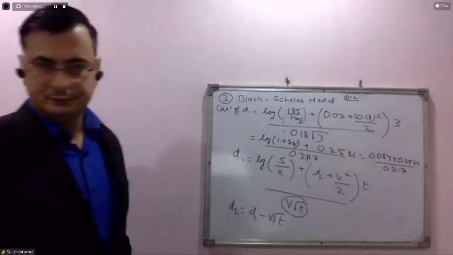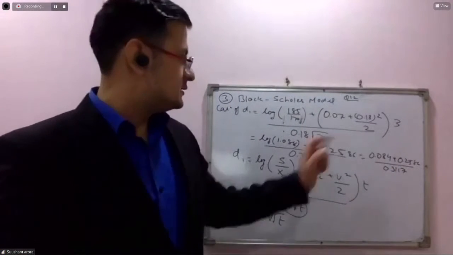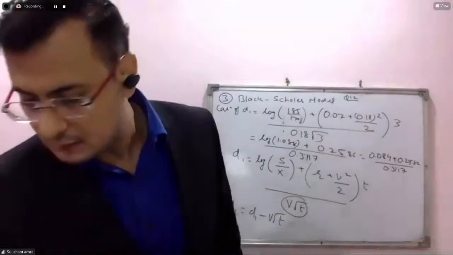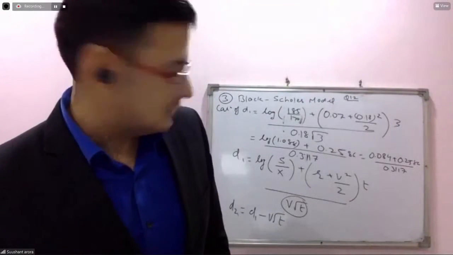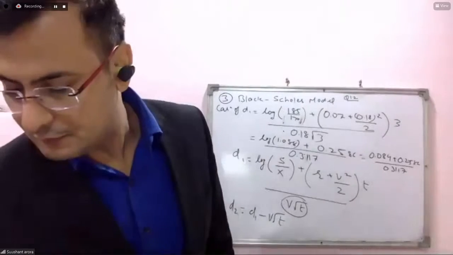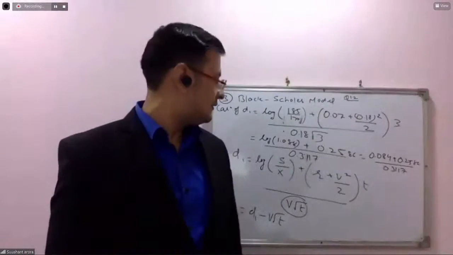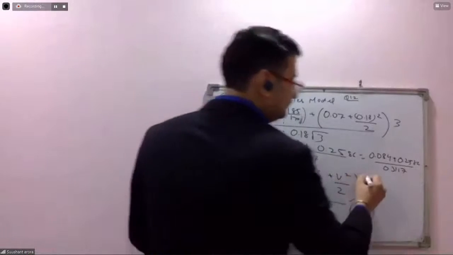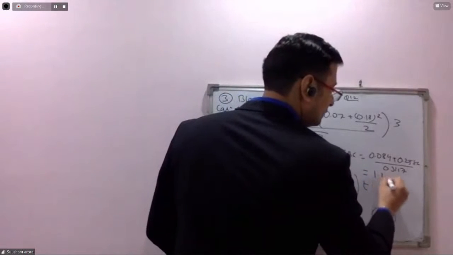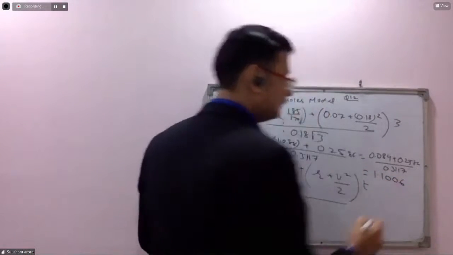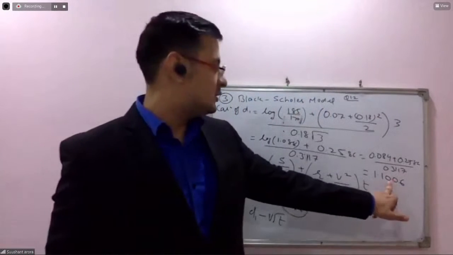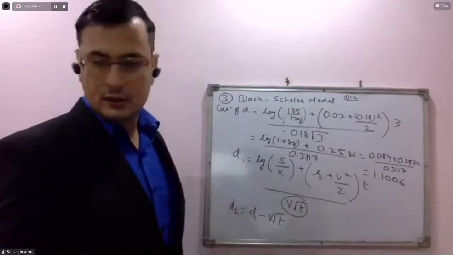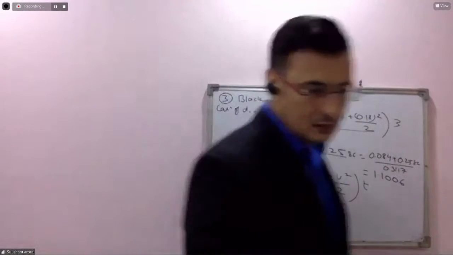And this divided by 0.3117, I'm getting the value as 1.1006. Everybody has got this value or not? Please confirm.